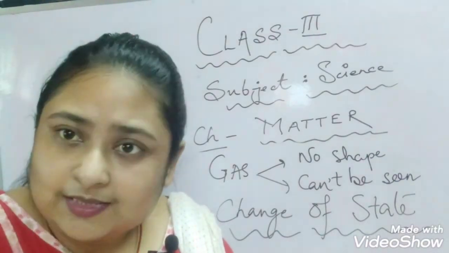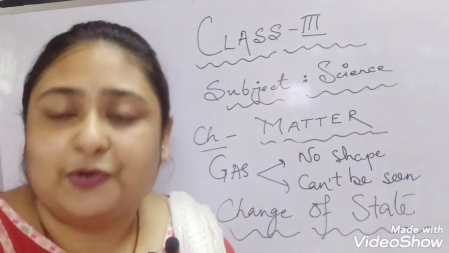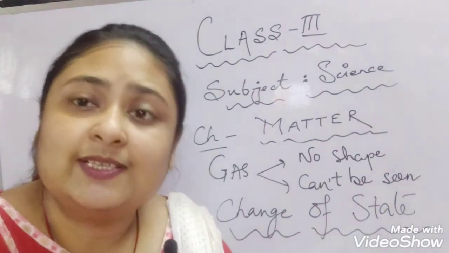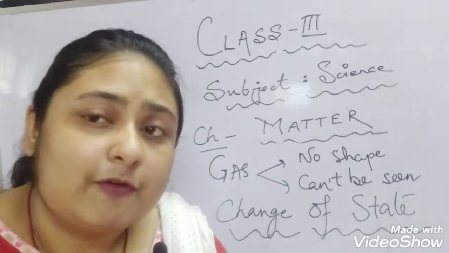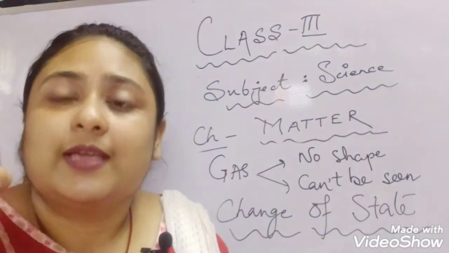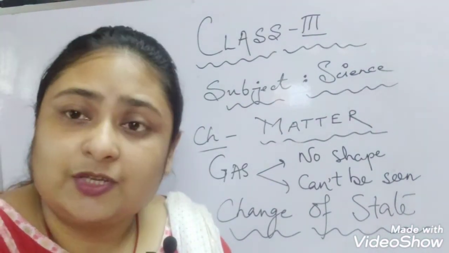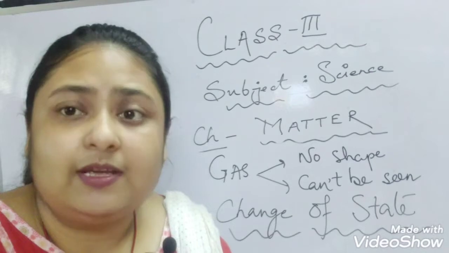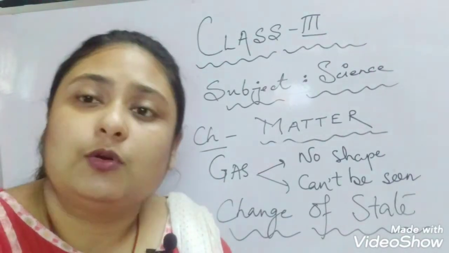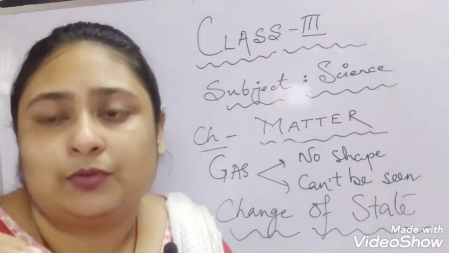So first the liquid water which is present on the surface of rivers, ponds, gets evaporated, means it changes its state of matter, it changes its form. From liquid it is converted into gas or water vapor. Now this gas or vapor goes up and condenses there, it cools down there.